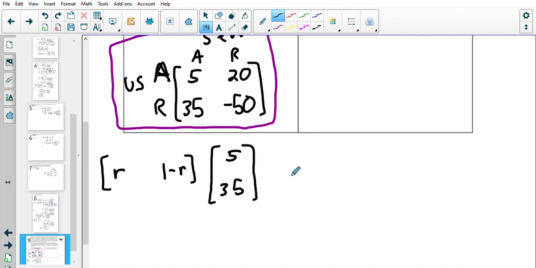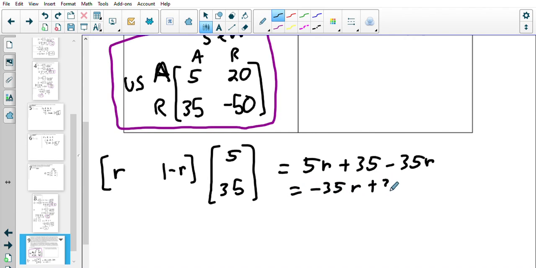R times 5 is 5R. 1 minus R times 35 is 35 minus 35R, or negative 35R plus, negative 30R plus 35.